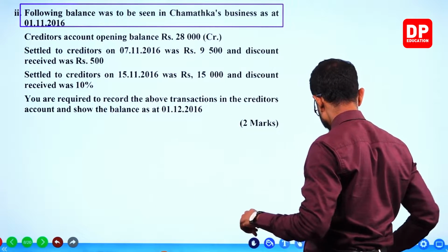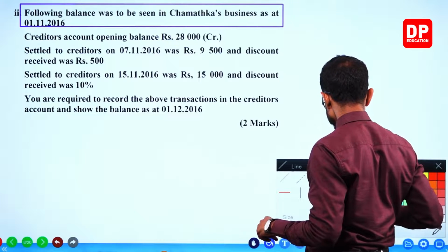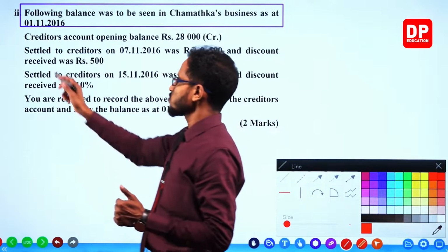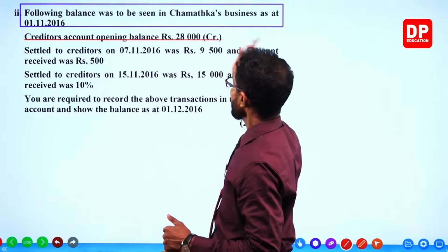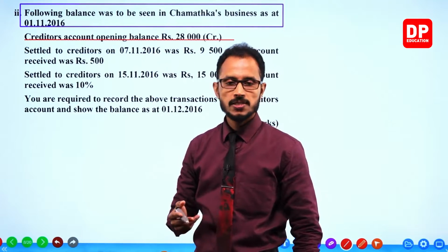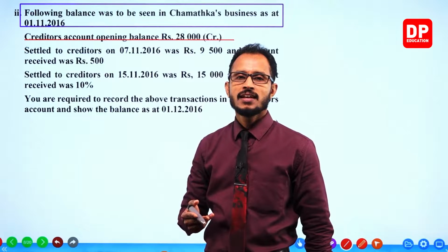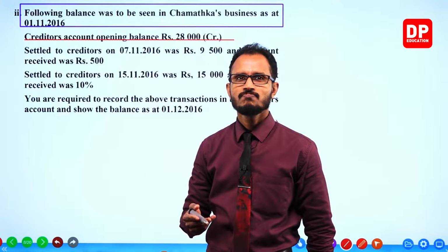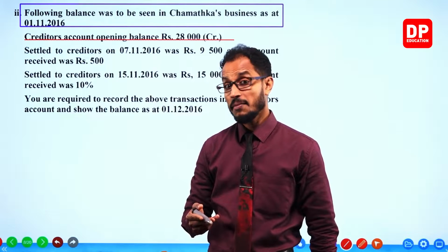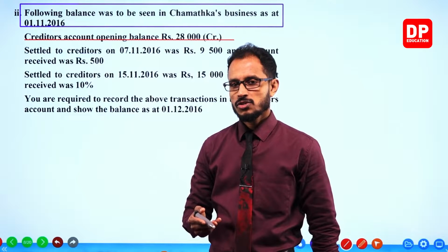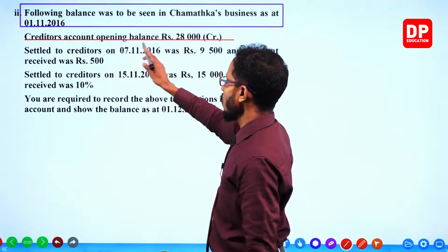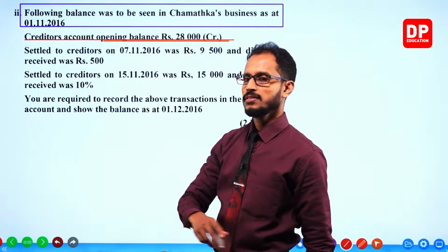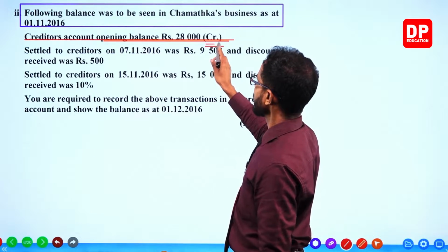Now wait. Whose balance is given? Creditors account balance. A creditor is a liability, so the opening balance is on the credit side. Credit, credit, credit.